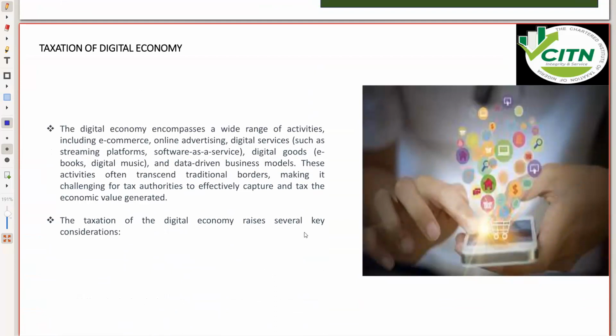Now, the key area really that has been of interest to most countries is the taxation of the digital economy. Most international businesses are earning billions and millions of dollars from countries where they don't reside. So the likes of Facebook, TikTok, Twitter, and the like, they're earning a lot from Nigeria, for example.